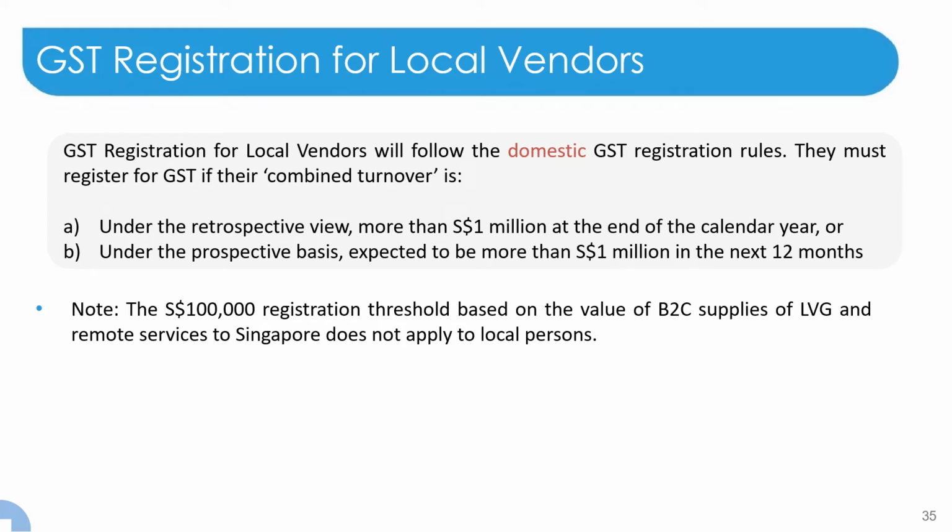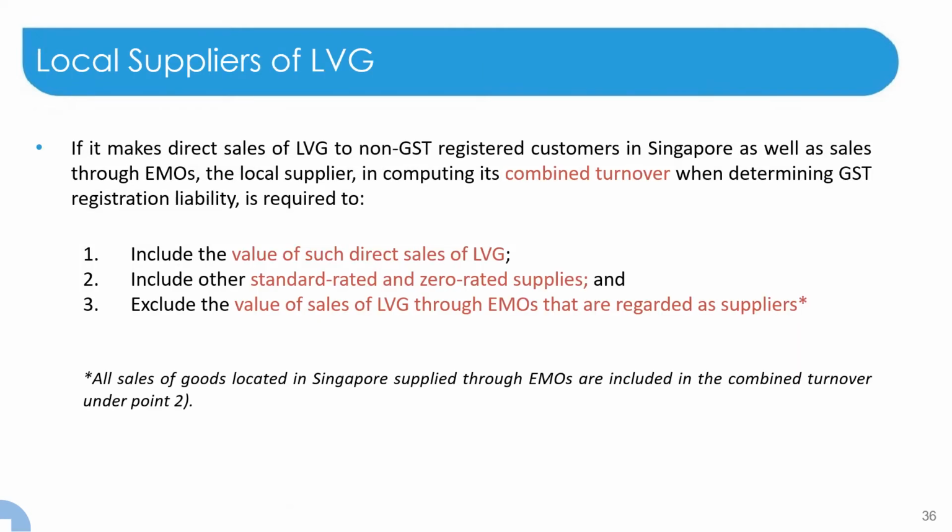They must register for GST if their combined turnover is, under the retrospective view, more than 1 million at the end of the calendar year, or, under the prospective basis, expected to be more than 1 million in the next 12 months. Do note that the 100,000 registration threshold based on the value of B2C supplies of LVG and remote services to Singapore does not apply to local persons.